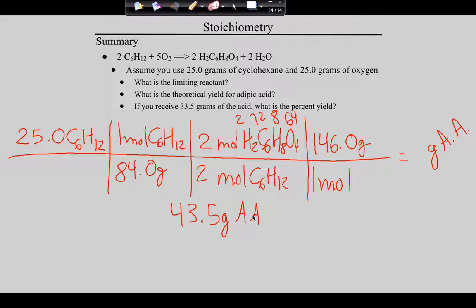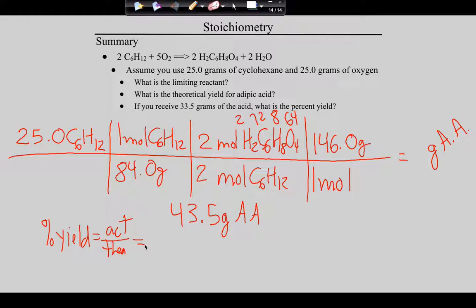Third part of the problem, did we get out 43 grams of adipic acid? No, we only got 33 grams of adipic acid. We just failed that lab. But we want to know the percentage. So percent yield is actual divided by theoretical.